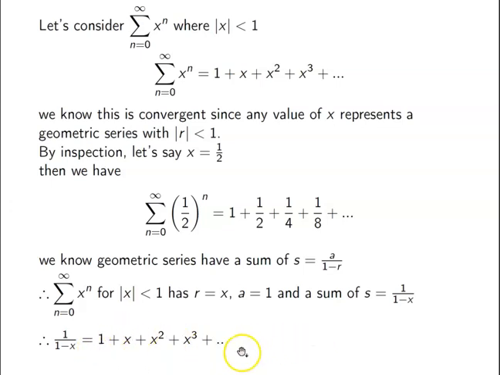The power series about x equals 0, because my interval is centered at 0 here with a radius of 1, has this general form. So I can write that 1 over 1 minus x is equal to this series. Instead of writing it term by term, I can just say that this is a series representation whenever the absolute value of x is less than 1.